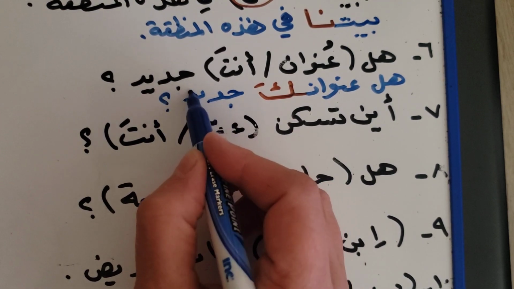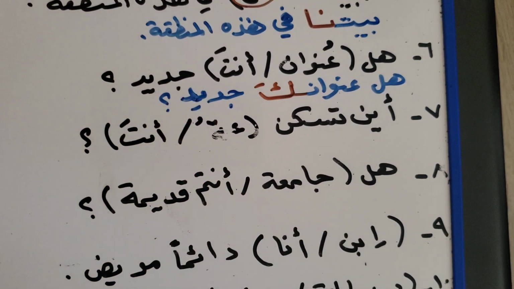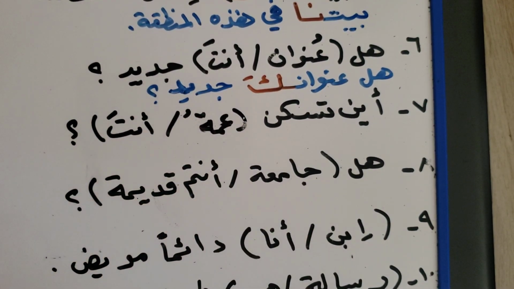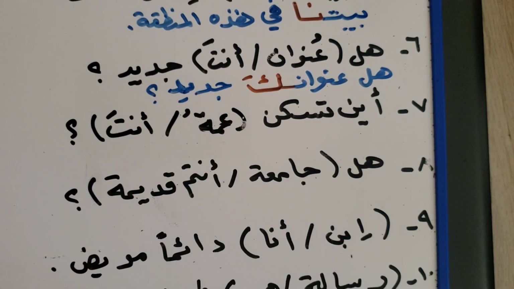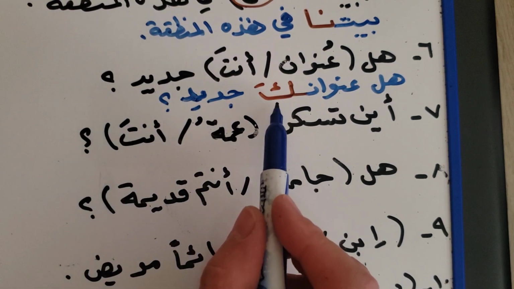Question mark. All right. Then you have أين تسكن عمة أنت? Where does your aunt live? So for أنت again, we're going to add ك.